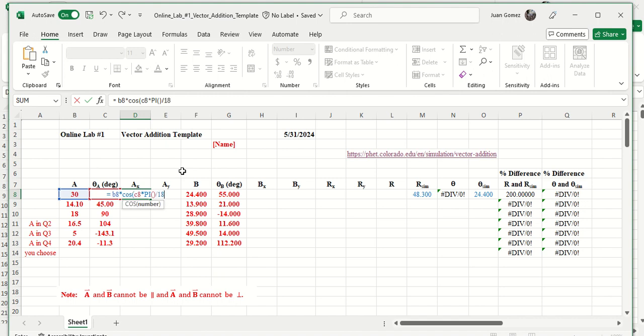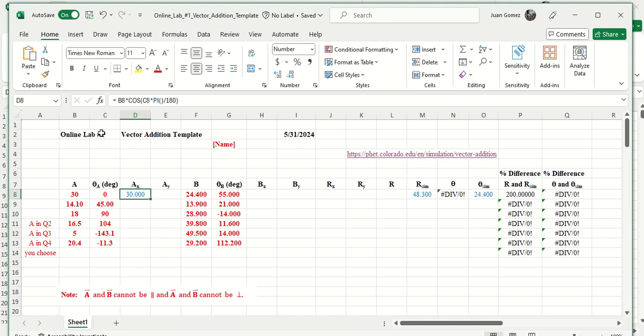Make sure your parentheses are matched up and closed. Now I can hit check. Obviously, the magnitude of AX is going to be 30 because of the way we've chosen vector A.